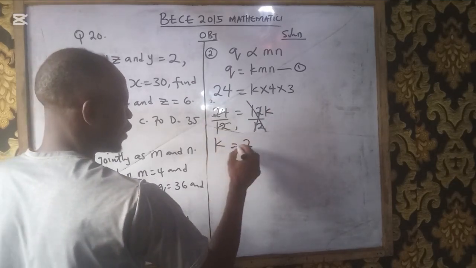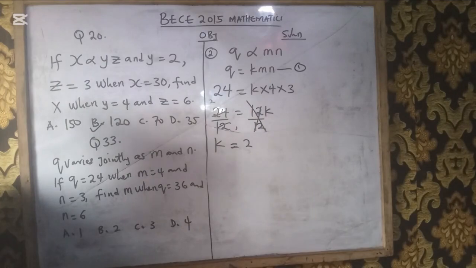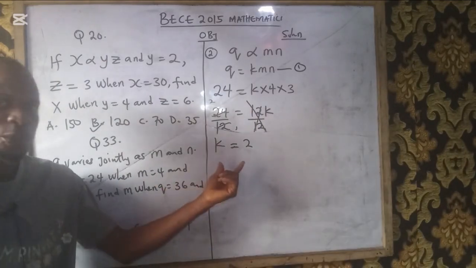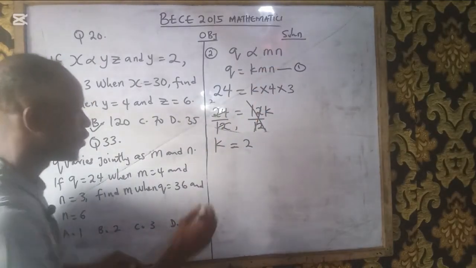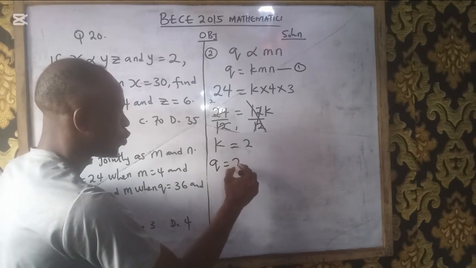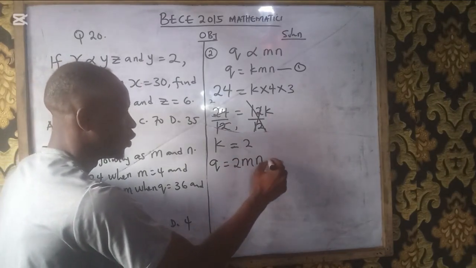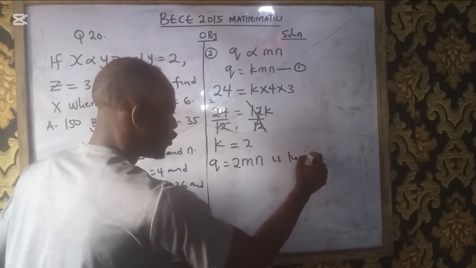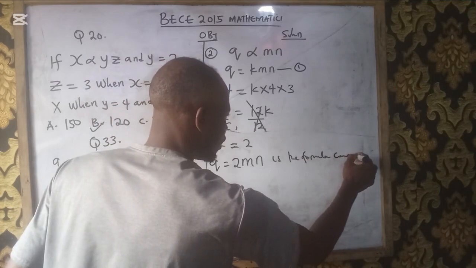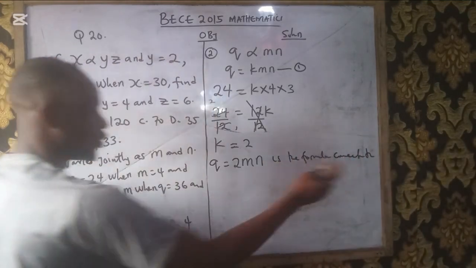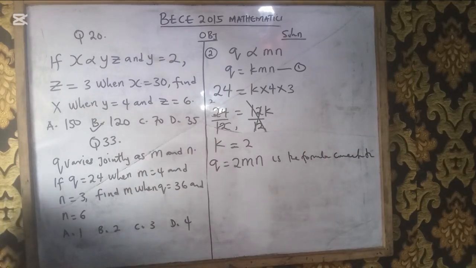So the value of K is simply 2. After getting the value of K, replace this value into equation 1. So you are going to have Q equals 2MN. This is the formula, or relationship, connecting them.